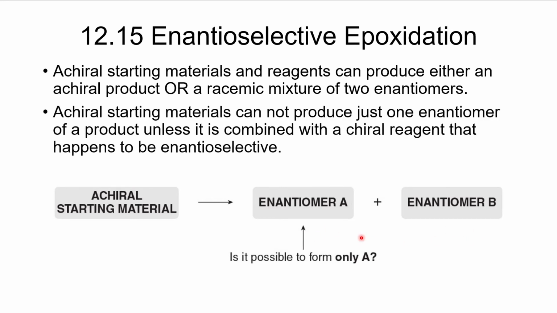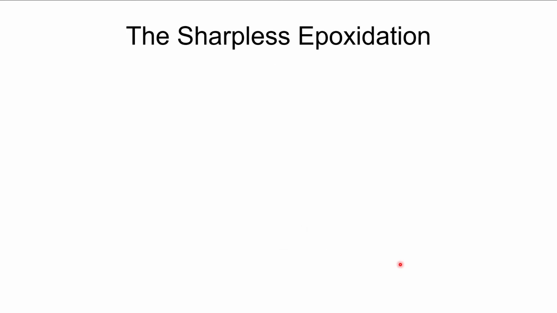All right. So achiral starting materials cannot produce just one enantiomer unless combined with a chiral reagent that happens to be enantioselective. And not all chiral reagents are enantioselective. Some are, and the one that we're going to look at is called the Sharpless Epoxidation, named after a chemist named Barry Sharpless, who, by the way, won a Nobel Prize for his work on this.